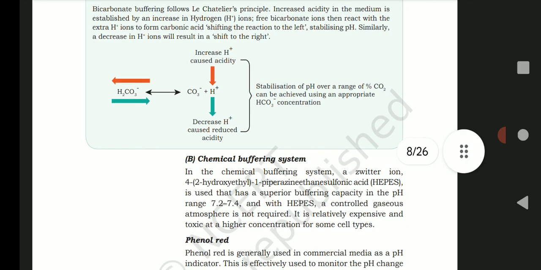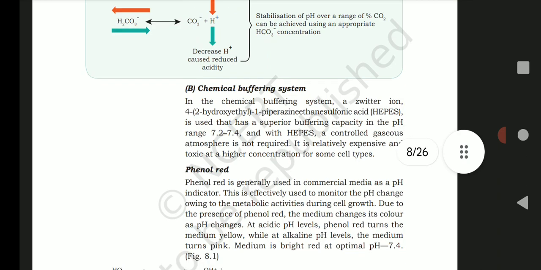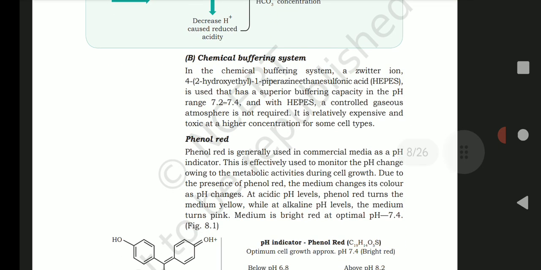Chemical buffering. In addition, in some systems we add chemical buffers too, that is HEPES buffer. This chemical buffer is a zwitterion, 4-(2-hydroxyethyl)-1-piperazineethanesulfonic acid, and is utilized as a superior buffer, which has a pH range of around 7.2 to 7.4.